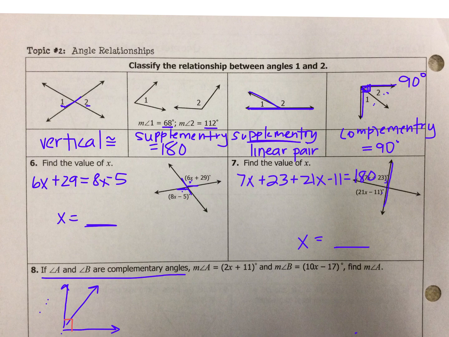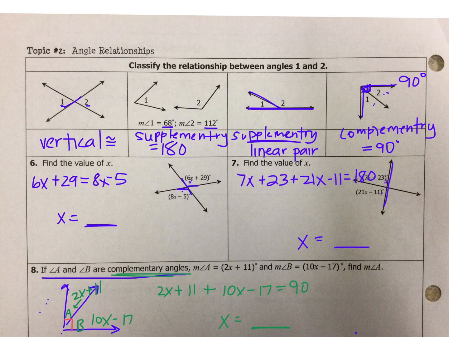So I have angle A, and it is 2x plus 11, and angle B is 10x minus 17. So if they're complementary, I have two parts, 2x plus 11 plus my other part, 10x minus 17, equals 90. So I need you to figure out what the x is in that one.